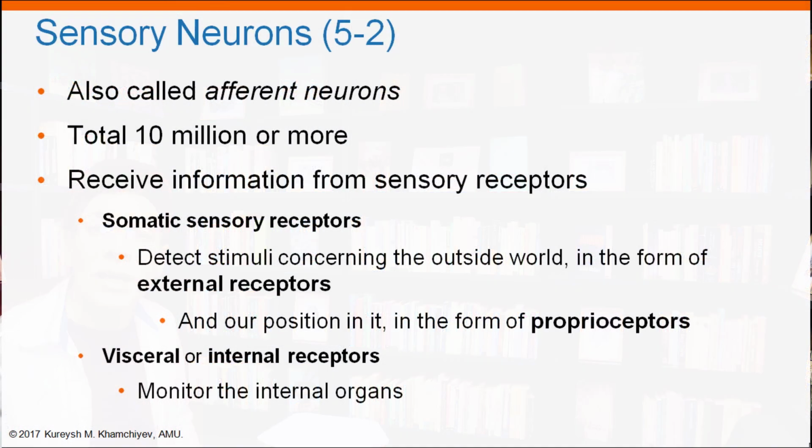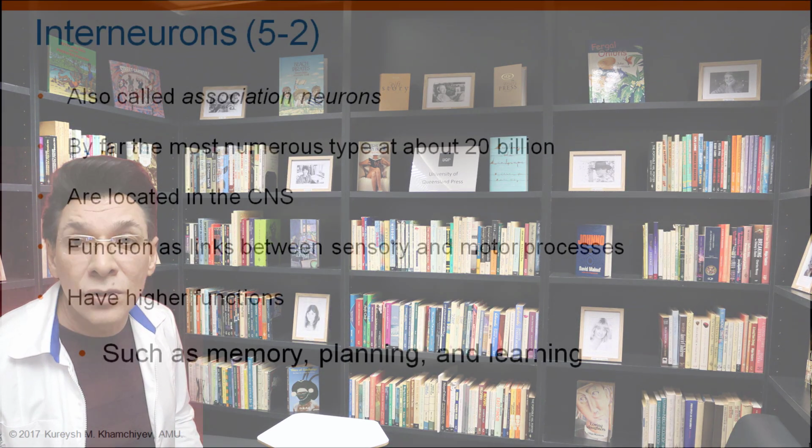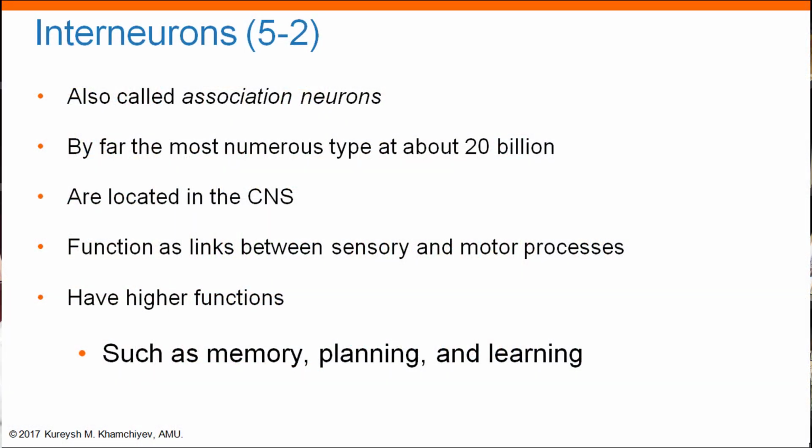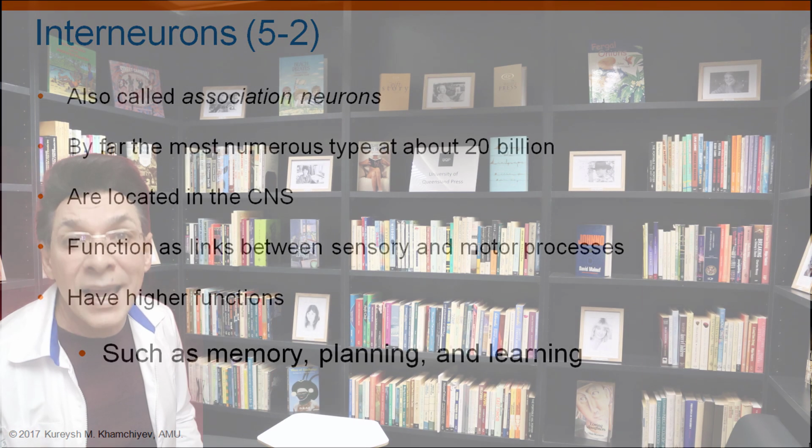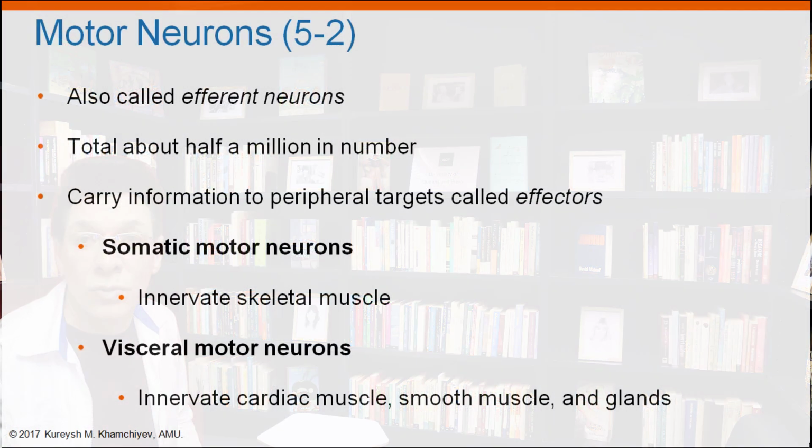Sensory neurons are afferent and they carry impulses to the central nervous system. Second are interneurons. They link neurons and are also known as association neurons. They are located in the central nervous system. And motor neurons.